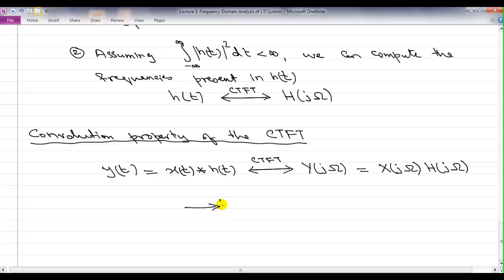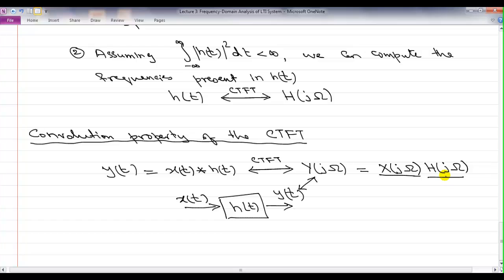So let's remind ourselves where convolution appears in LTI systems. The output of an LTI system is given by the convolution of x of t and h of t. The convolution property says that the Fourier transform of y of t is nothing but the multiplication of the Fourier transform of the input and the Fourier transform of the LTI system's impulse response.